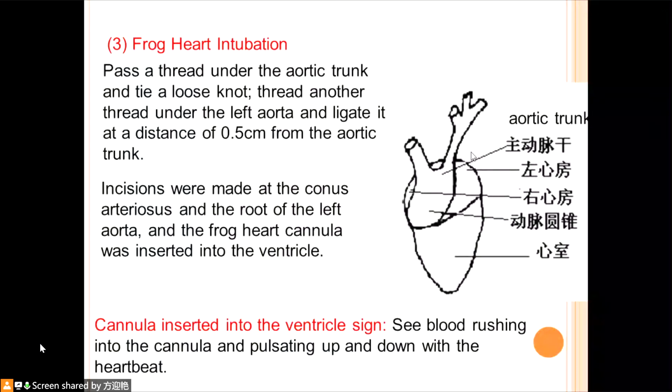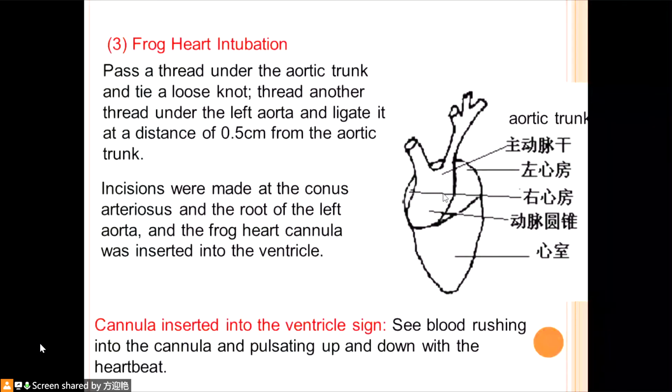We should take a silk thread under the arterial trunk, and tie a loose knot, and another thread under the left aortic arch, each at a distance from the arterial trunk.